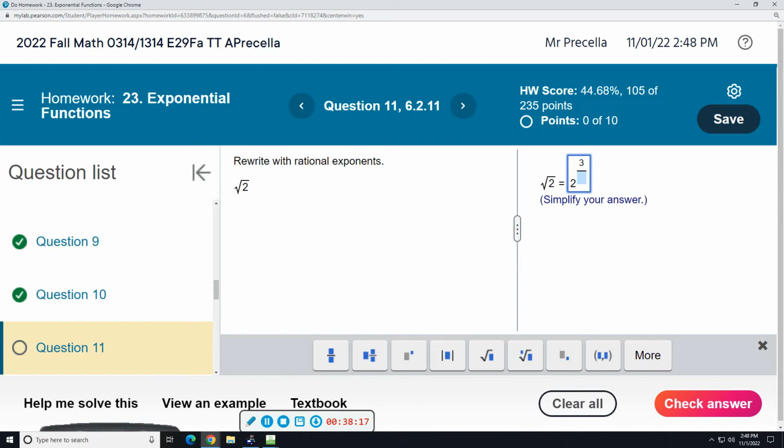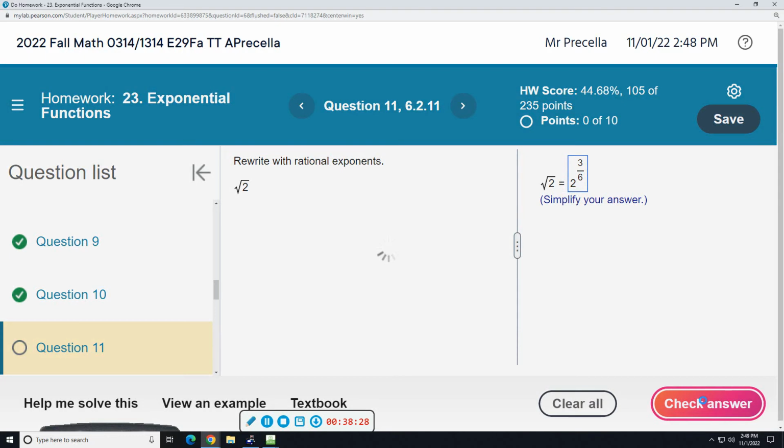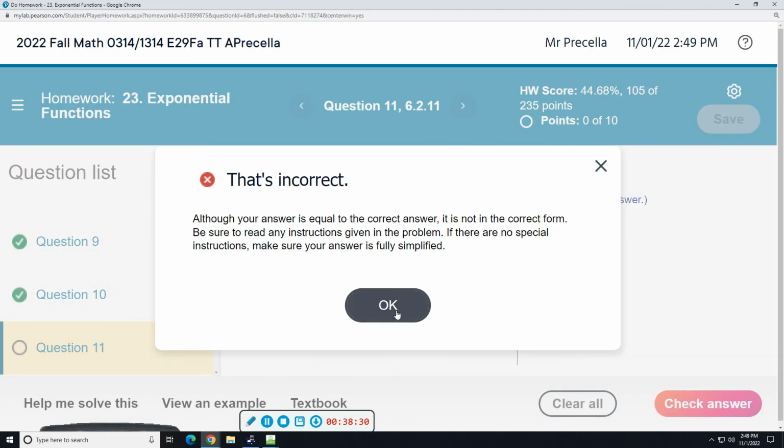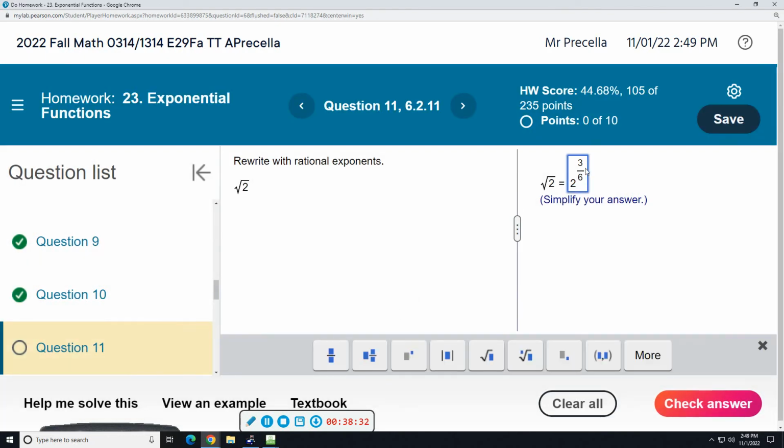Since 3/6 reduces to 1/2, the question is, will it take the 3/6? And I don't think it will. Okay. No. Just testing the limits.